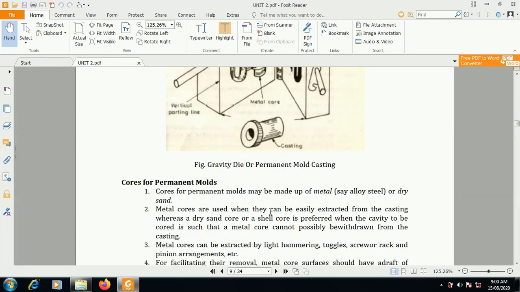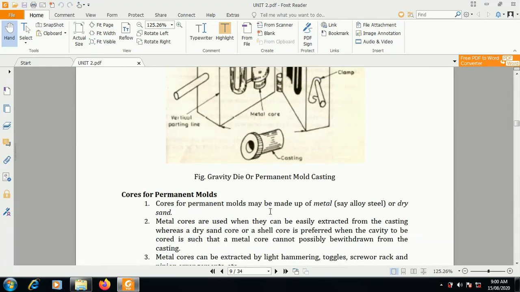Here we are using two different types of cores. If removal of the core from the solidified casting is difficult in the permanent mold casting process, at that time we have to use cores made up of sand. Shell sand is generally used to make the cores, and that process is called a semi permanent mold casting process.